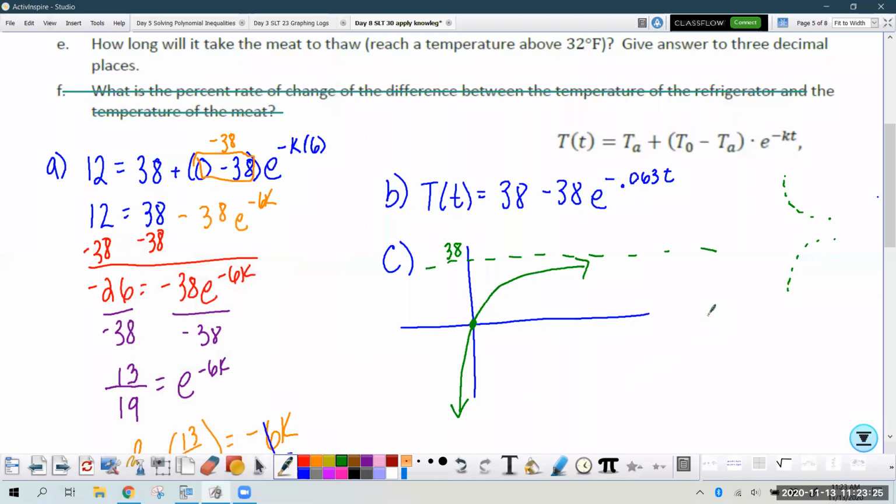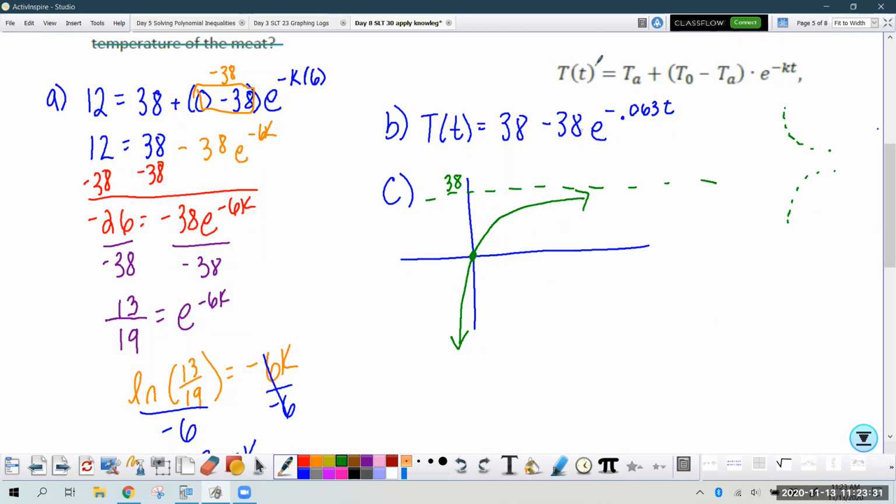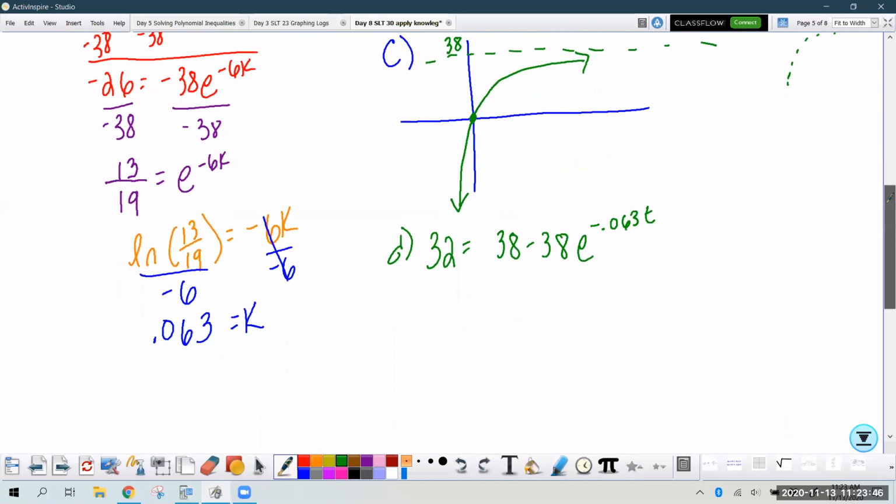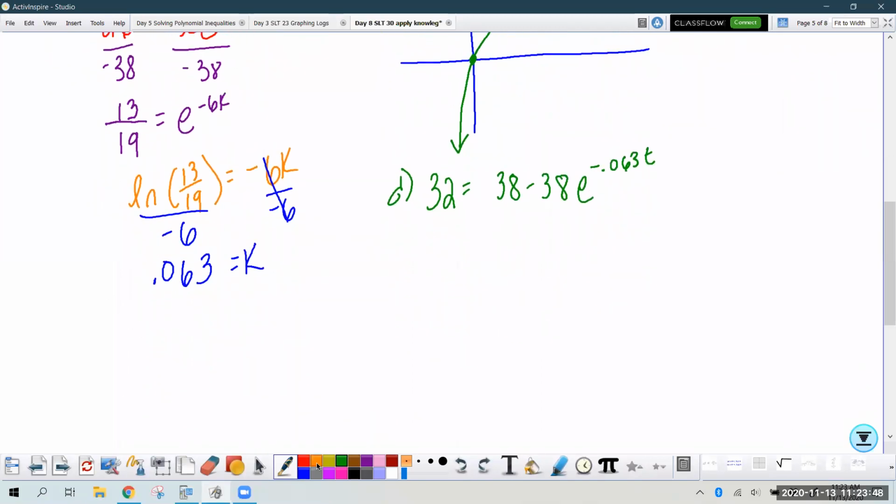And so then part E is, how long will it take the meat to reach 32 degrees? So we're going to take our equation and set it equal to 32. And now we solve for t. So the first step is subtract 38 from both sides.